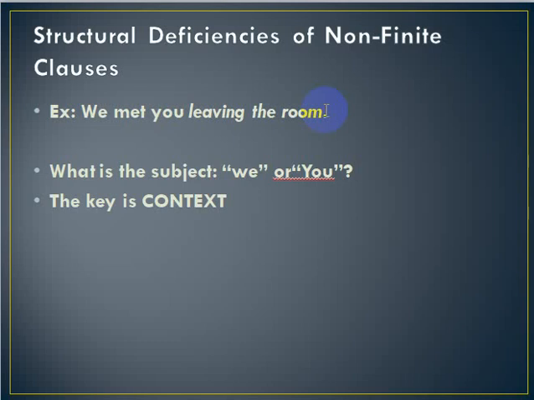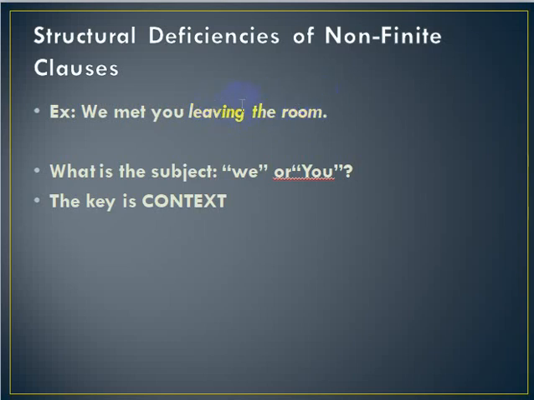Leaving the room is the non-finite clause. Why? Because it has the non-finite verb, which is leaving, which is the present participle, or with ing. Leaving the room. This is called non-finite clause.